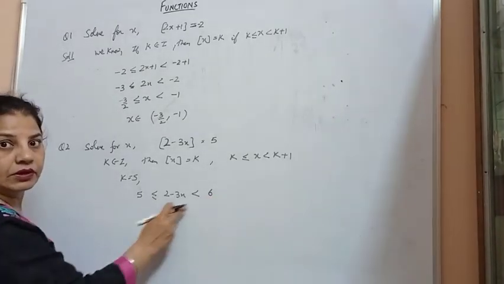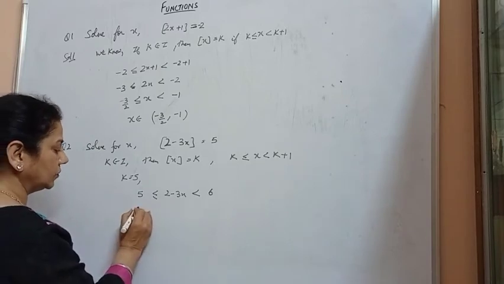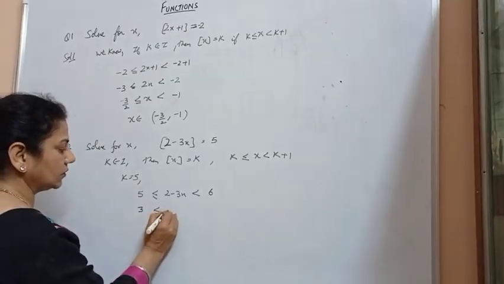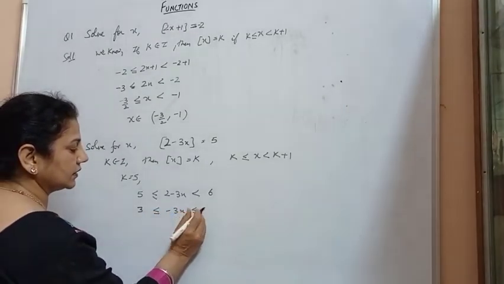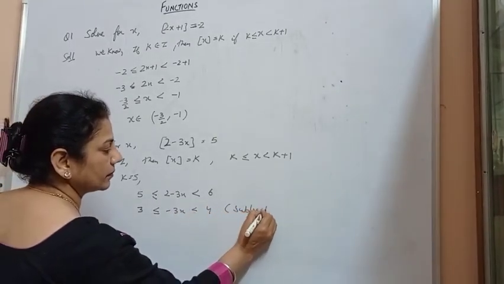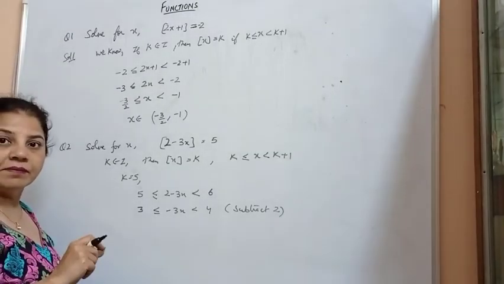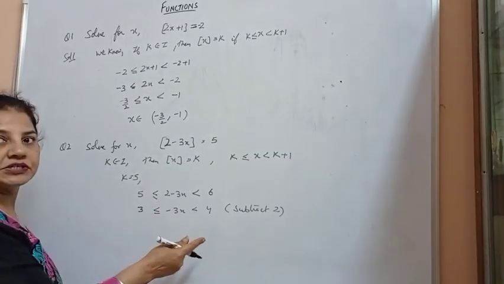Subtract 2 throughout, we will get 3 less than or equal to minus 3x is less than 4. Now divide by -3. When you divide by -3, the sign gets changed.